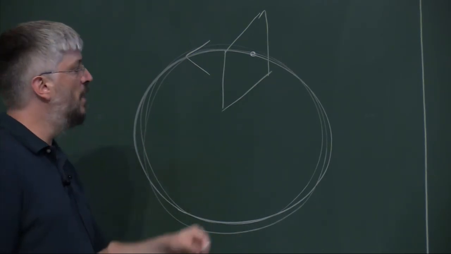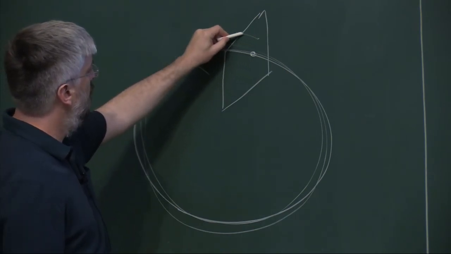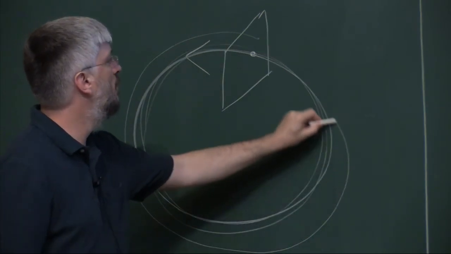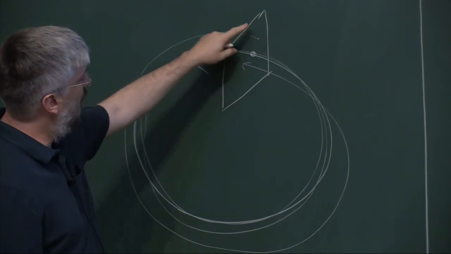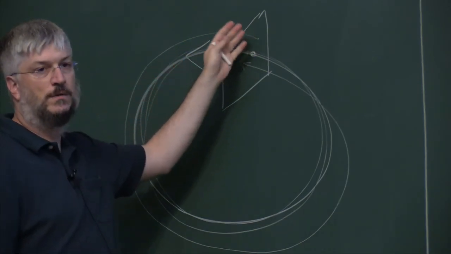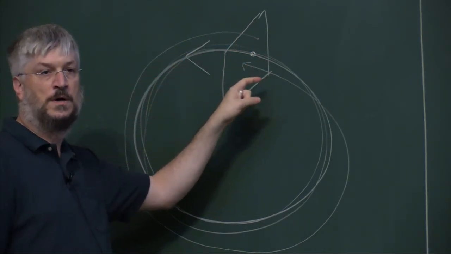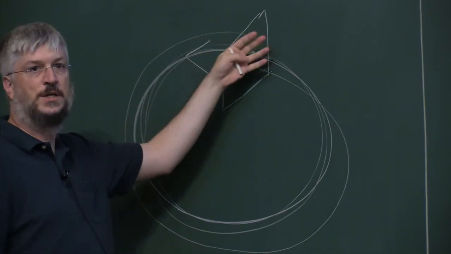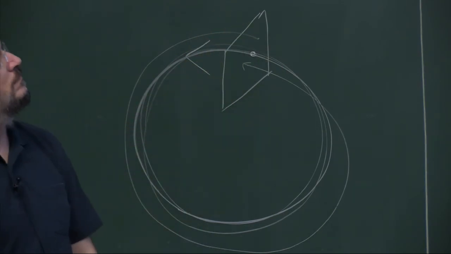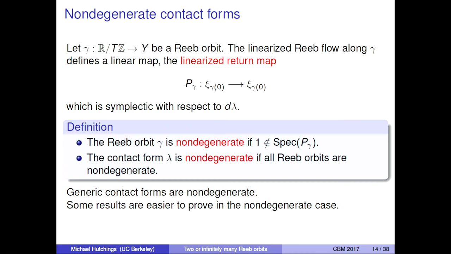So basically, you start at a point near the orbit, you flow until you come back here. That gives you some map from a disk around this point to itself. You take the derivative of that map at 0. That gives you a linear map from this plane to itself. And the orbit is called non-degenerate if 1 is not an eigenvalue of that map.